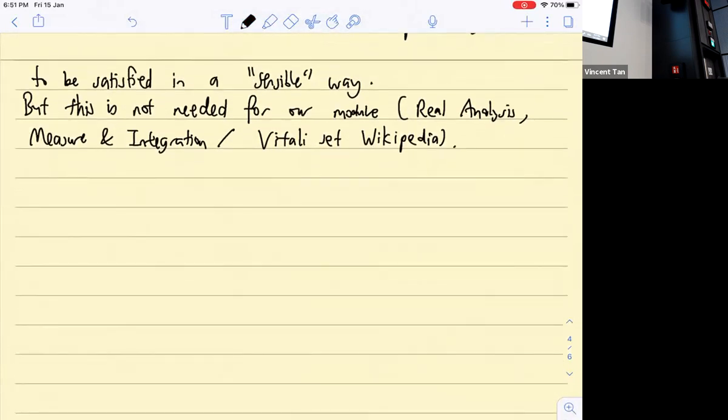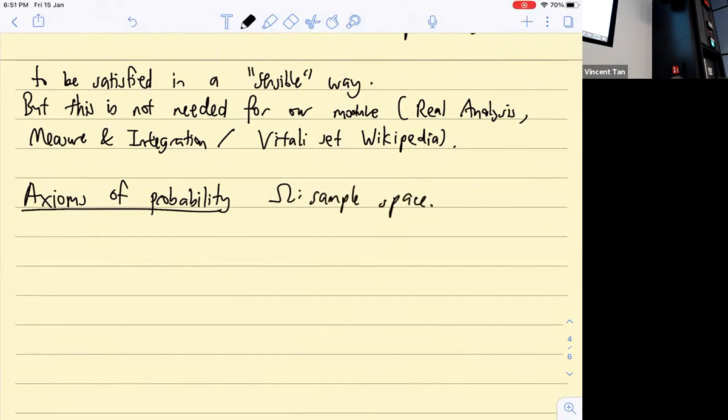Anyway, so let's now talk about axioms of probability. We again start off with omega, the sample space. After we fix the sample space, we can talk about E, a sigma algebra defined on the sample space omega. So E is a sigma algebra.